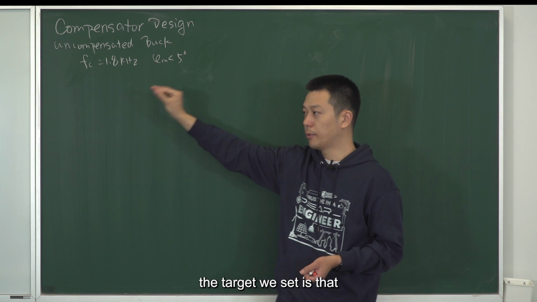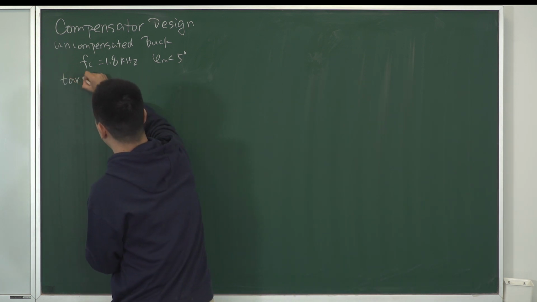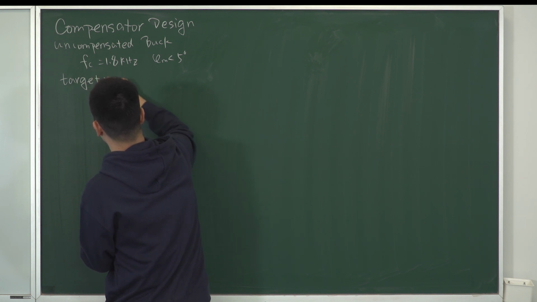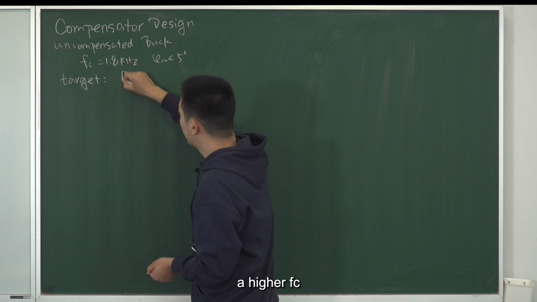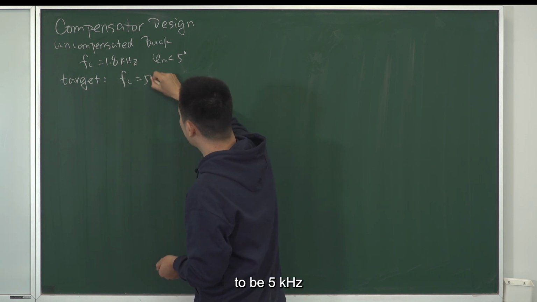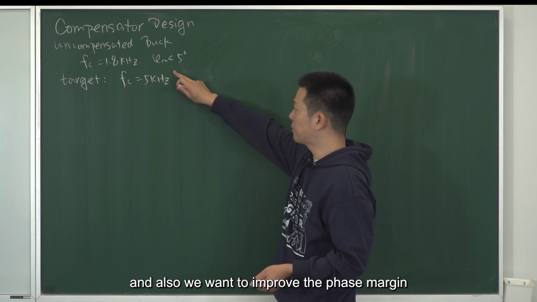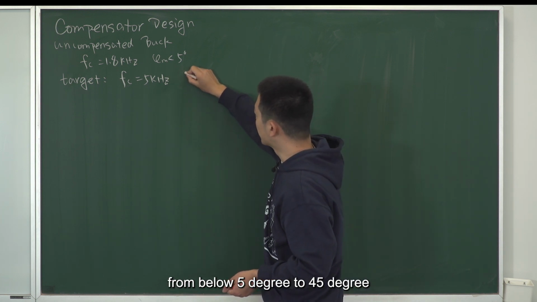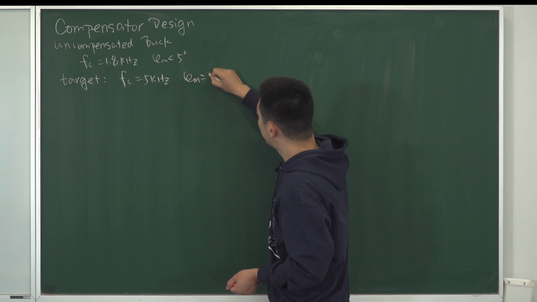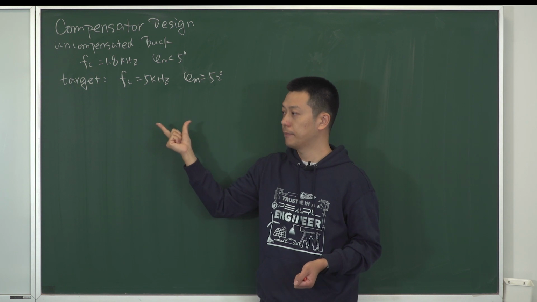The target we set is to achieve a higher FC of 5 kilohertz, and also improve the phase margin from below 5 degrees to 45 degrees. So those are the goals we set here.